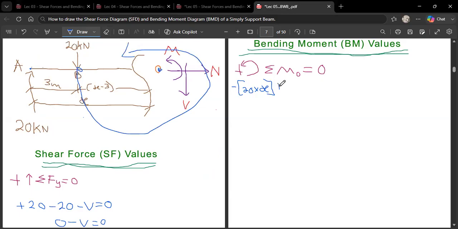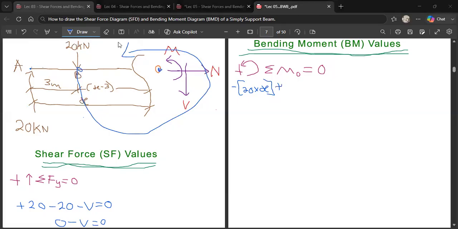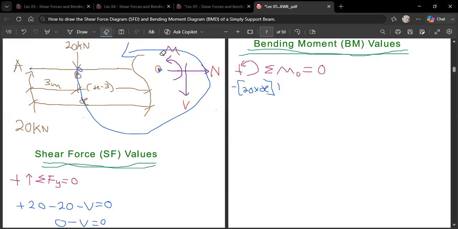So you bring your sign positive, and then from there you can proceed. Okay, so this is going to be also 20 times what? x minus 3. You see, and so this is it. So I'm going to write out 20 times x minus 3.